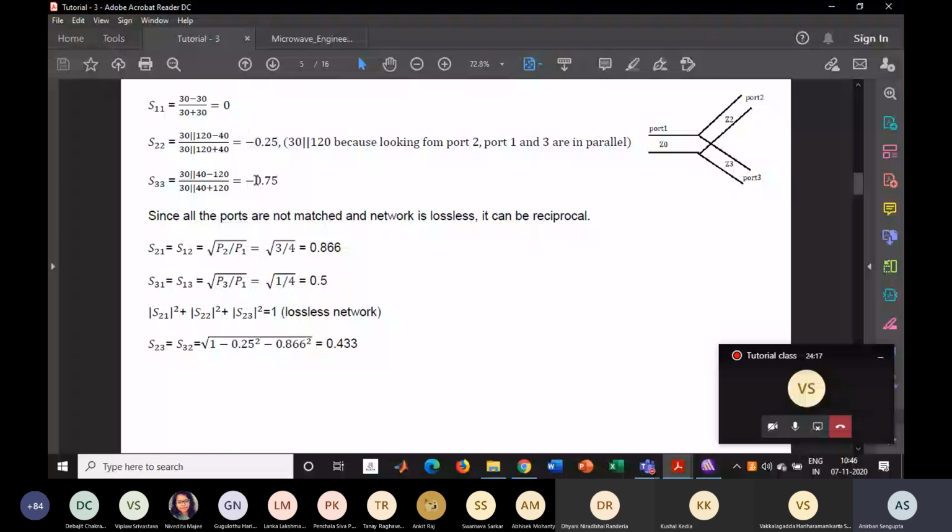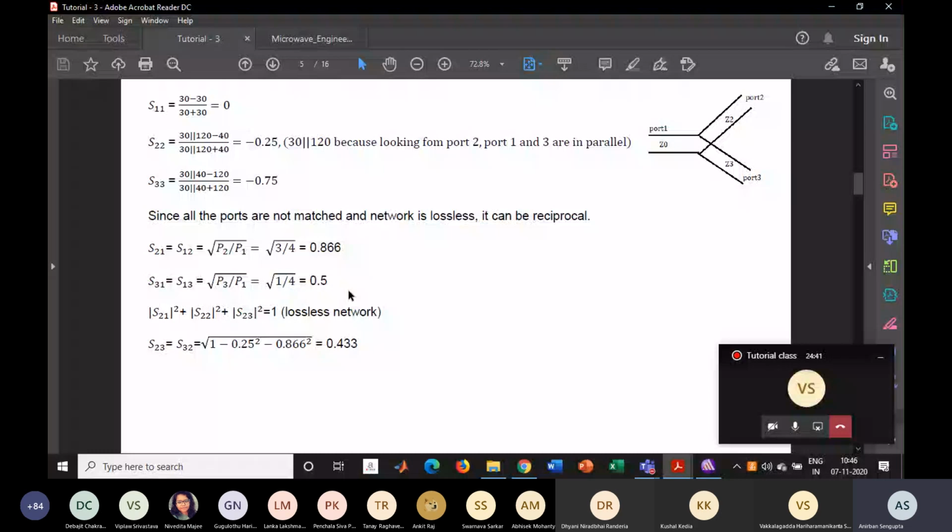Since all the ports are not matched, the network is lossless and it can be reciprocal. If it is a reciprocal network, then we can say S12 and S21 are the same. And from the unity equation, the summation of the squared magnitudes of a row is 1, from the unity equation of a lossless reciprocal network.